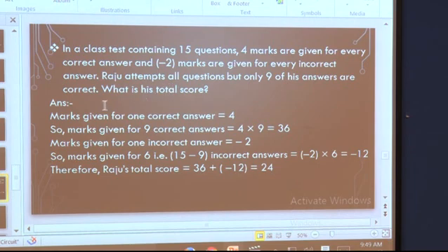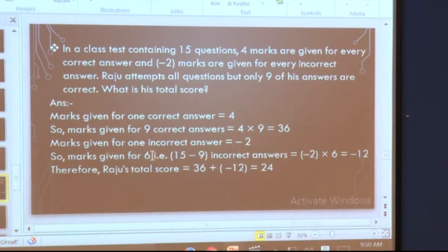Now marks given for one correct answer is how much? 4. Yes, because it is a word problem, we have to write a statement. So marks given for 9 correct answers, because Raju had 9 correct answers, so it is 4 multiplied by 9 is equal to 36. So Raju got 36 marks by getting 9 correct answers.